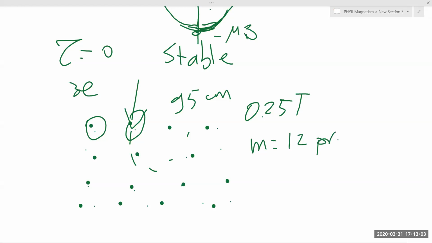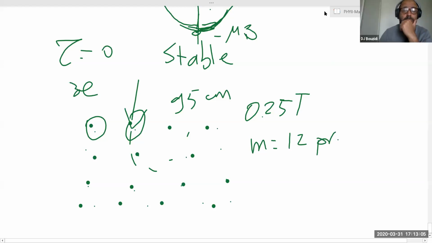And what else did they give us in here? Okay, that's all they gave us. So they want us to find the sign of the charge.